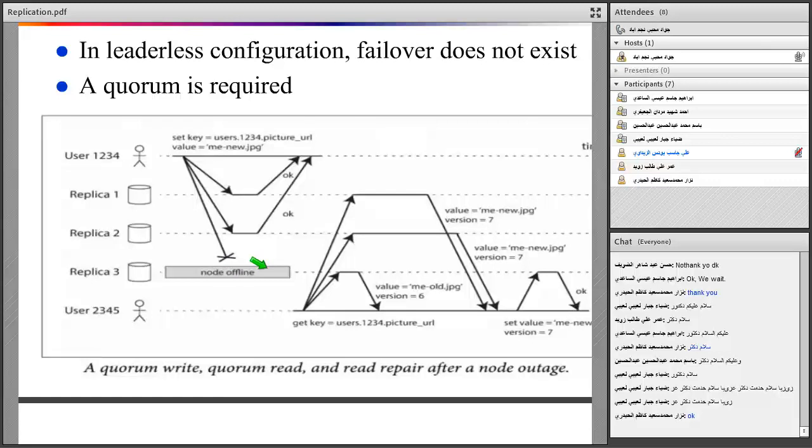In this example, there are 3 replicas, and 2 replicas accept the write request.